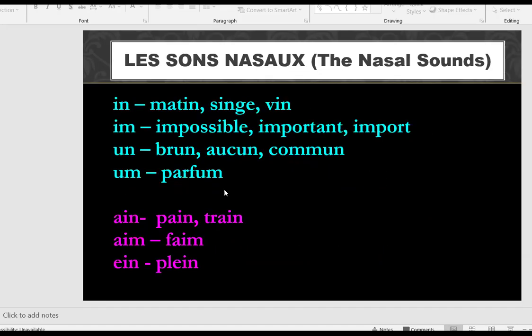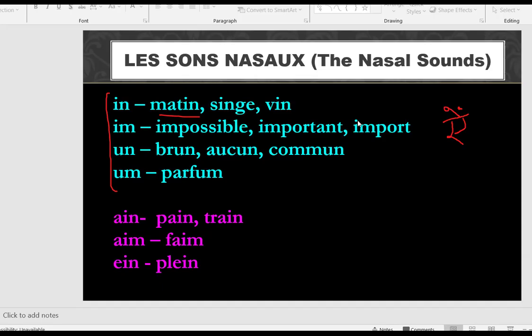The next combination is IN, IM, UN, UM. The sound is a nasal A. Write it like this. So how do you pronounce this? Matin.